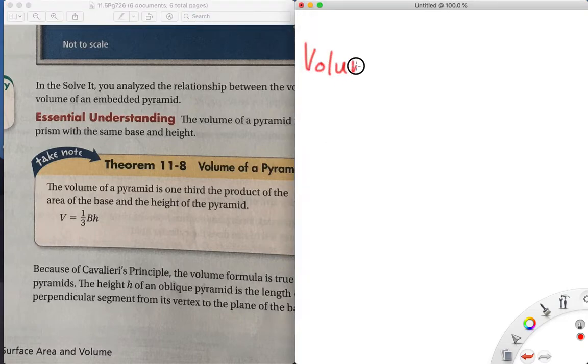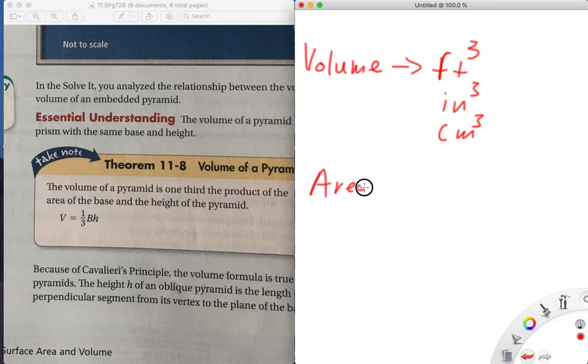When we talk about volume, our units are always cubed. So feet cubed, inches cubed, centimeters cubed. They're always cubed. When we talk about area, the units are always squared.